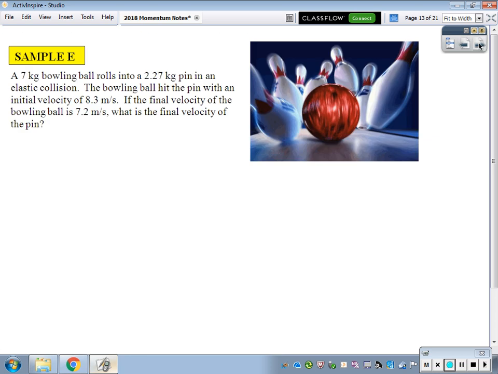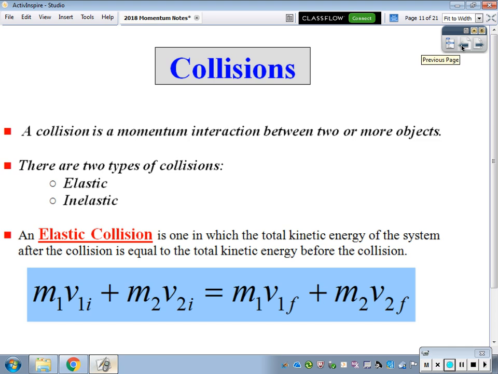In this problem, we're asked to solve for the final velocity of the pin. So if it's okay with you, I would like to make V2 final the bowling pin. The last term here just makes it easier to rearrange, which would mean the bowling pin is mass 2, velocity 2, anything with a 2 designation, and all the designations of 1 are the bowling ball.